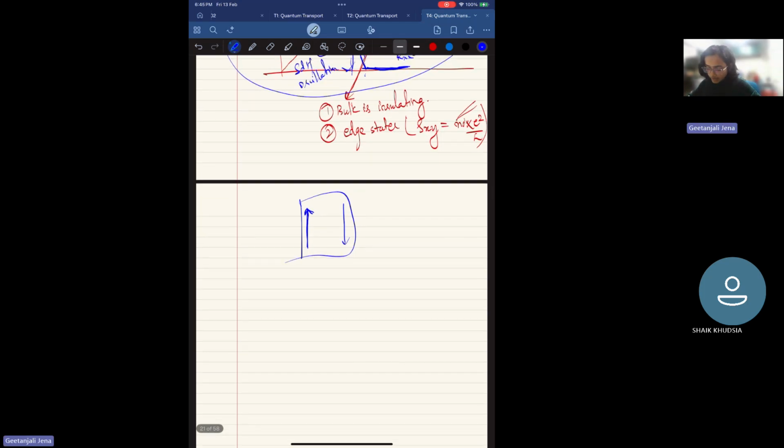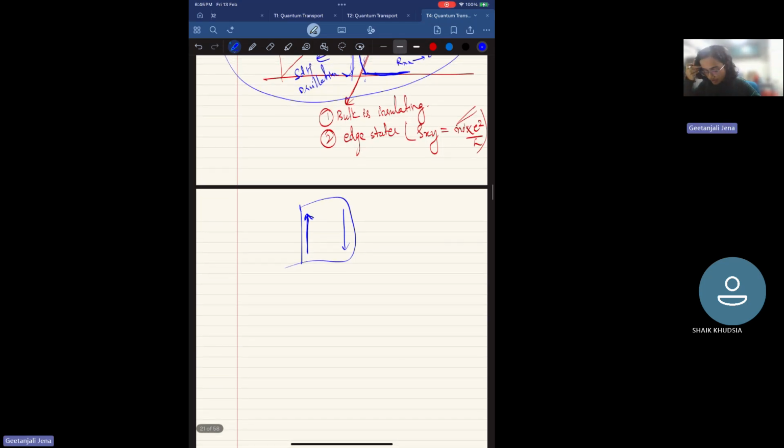Now let us see how we can calculate the electron density in a given sample. Let us say we apply a magnetic field and we change the Fermi vector from 3 to 2.